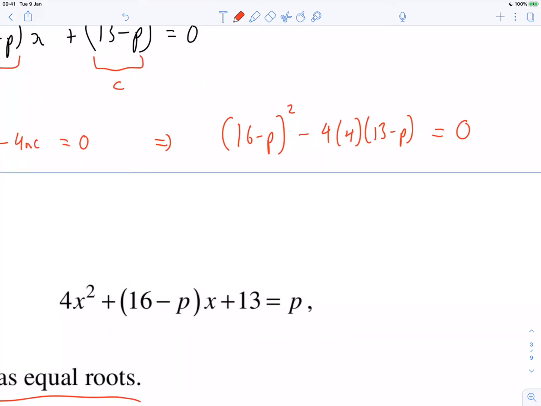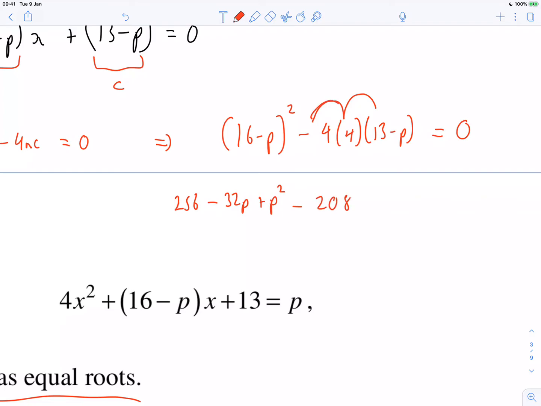Okay, so 16 minus p squared. If you expand out double brackets, 16 times 16 is 256. You're going to get 2 lots of 16 times minus p, which is minus 32p, and you're going to get a plus p squared. Then you're going to have minus 4 times 13, and 4 13s are 52. So 52 times 4 again is 208, so it's going to be minus 208.